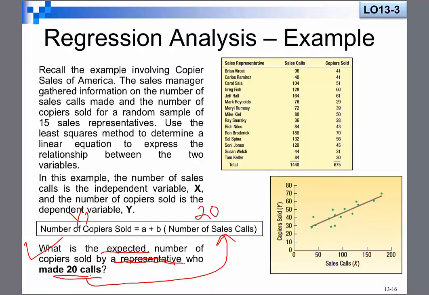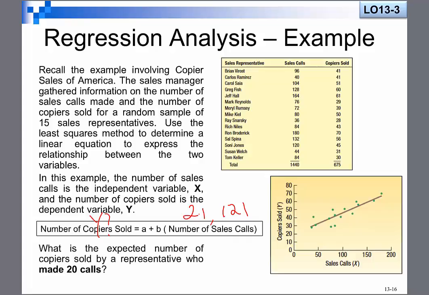If we drop any number in there, 21, 121, what will Y be? The reason we're able to ask this question is that we're going to create this regression equation.